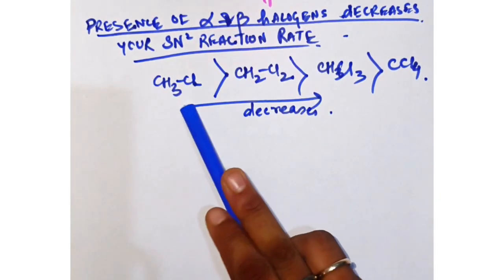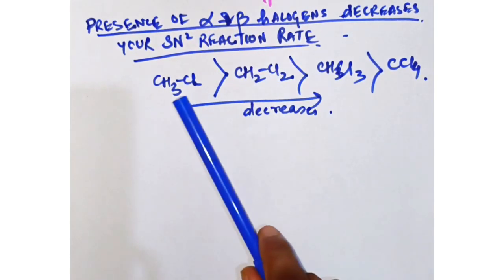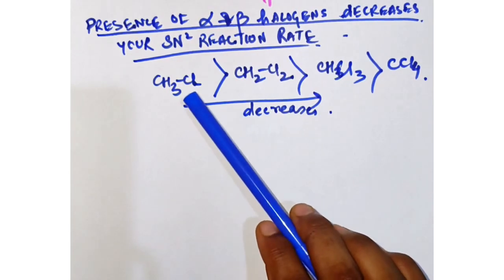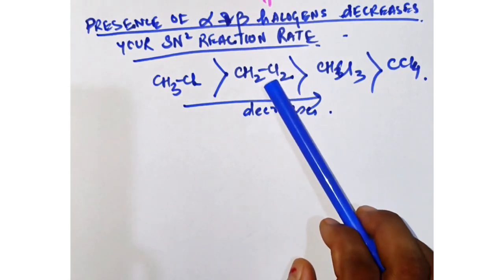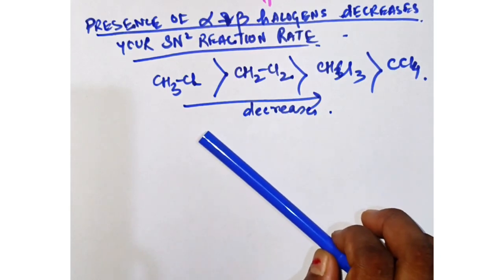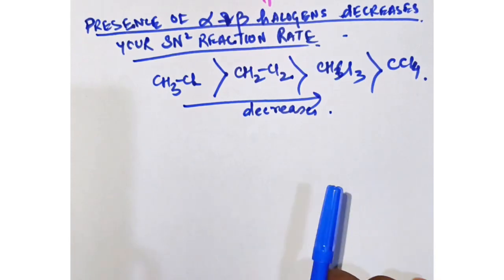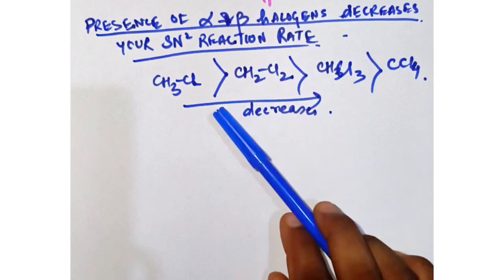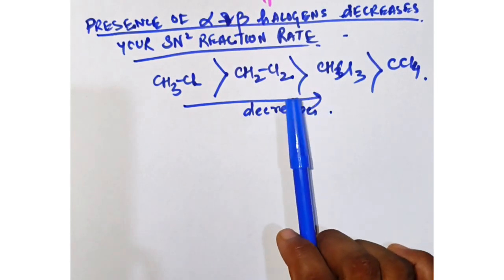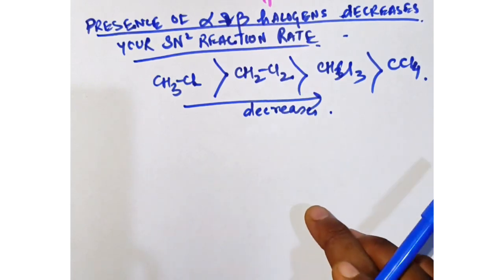As the electronegative group is added to this system, the electrometric effect is also there, along with the electronegativity, and the steric strain also increases because of the bigger size of the chlorine atoms. So these factors, the steric strain and the larger size of the chlorine atom, and the electrometric effect, increase the energy of the transition state and thus decrease the rate of the reaction.